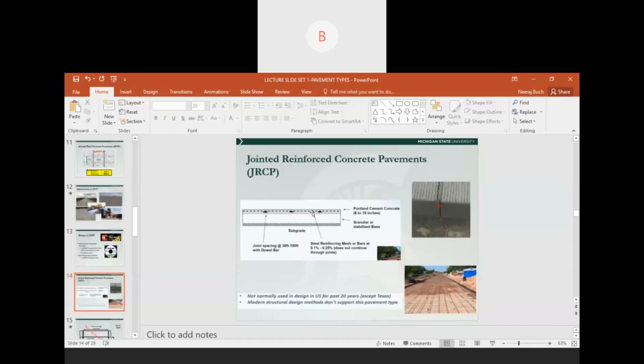And the wire mesh or the steel mesh helps in bridging the microcracks that can take place in a concrete pavement due to the expansion and the contraction. So that's another major difference between a jointed reinforced concrete pavement and a jointed plain concrete pavement.